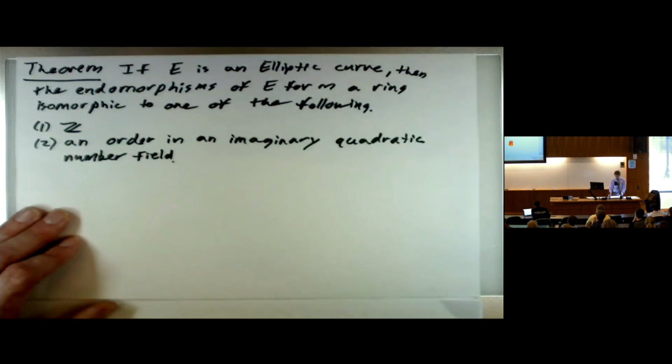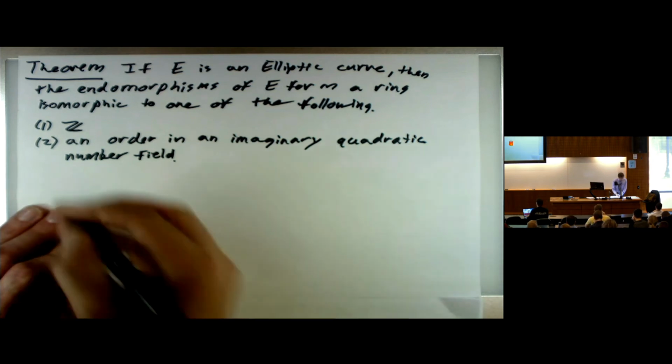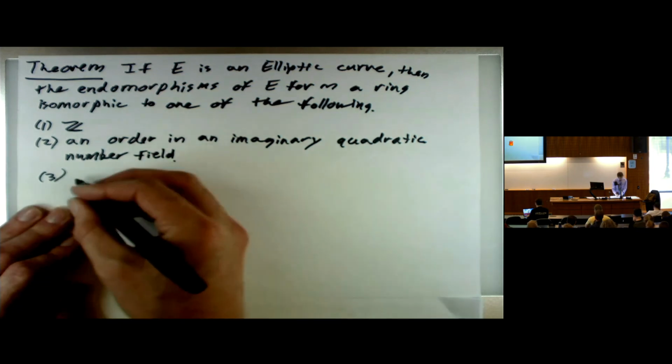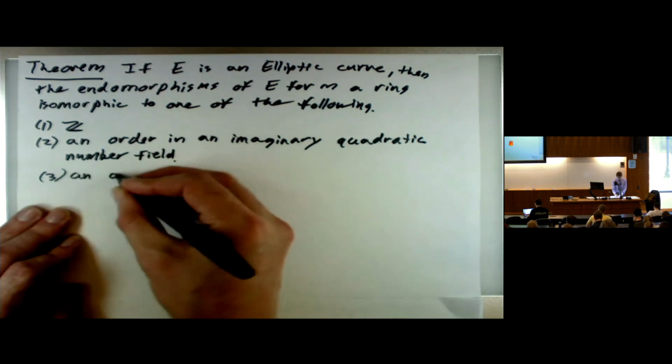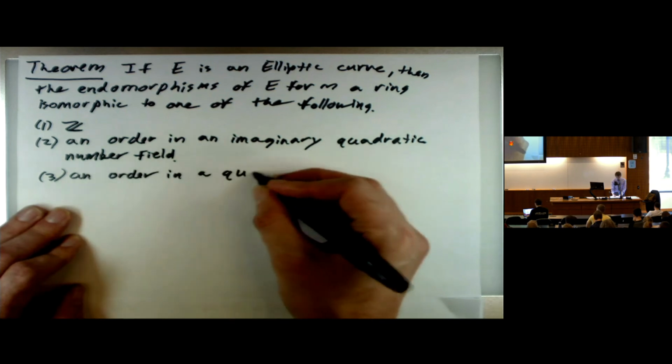Certainly as examples of orders, you have the integers in the number field, but that's not the only option. Orders are sort of a little bit more general than the integers themselves. And third, an order in a quaternion algebra.